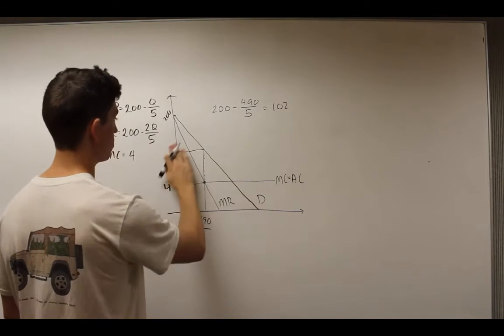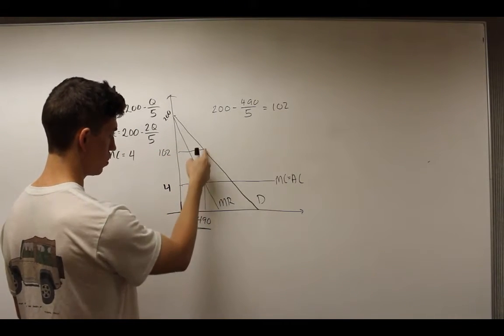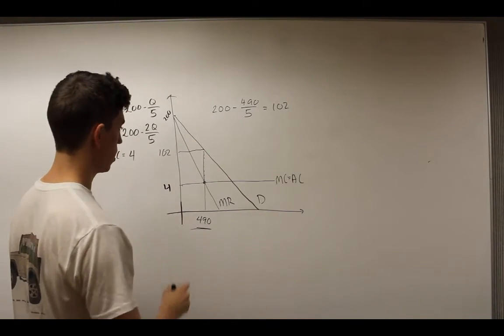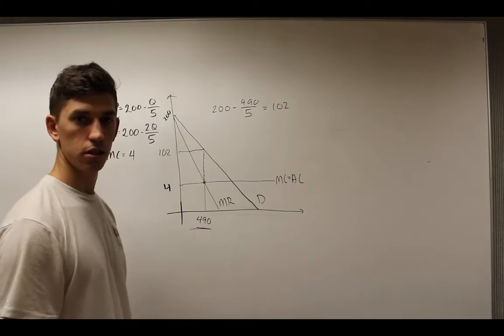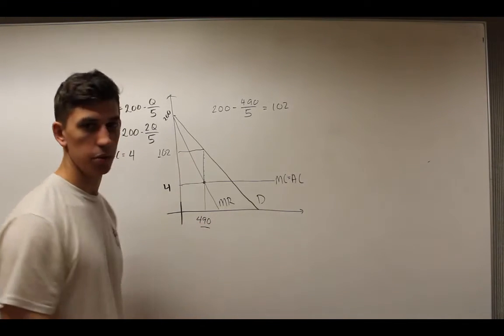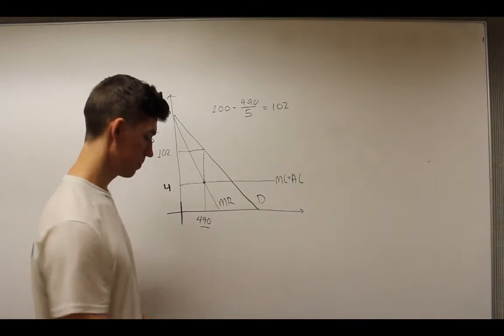Right, and so that is this P star right here is 102. So we just took this quantity, plugged it into this equation for the demand curve, which gave us our P star back. So this is the profit maximizing quantity and price for the monopolist in this case, with this marginal cost, this demand, and this marginal revenue curve.